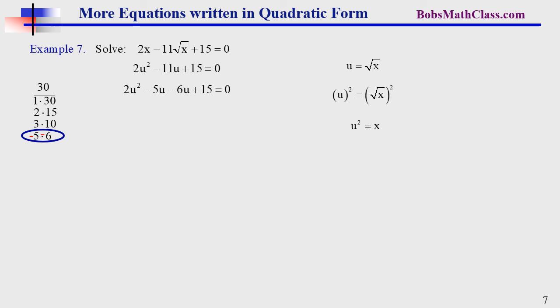Separate the middle term into two terms. Factor a u from the first pair and a negative 3 from the second pair. It matches in the parentheses, so put it together. 2u minus 5 times u minus 3.